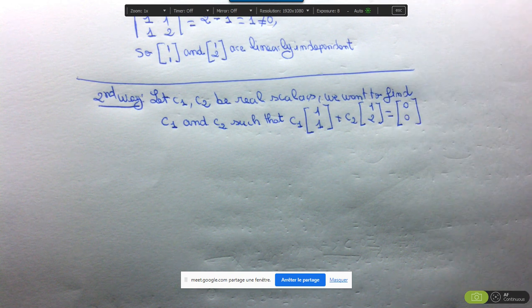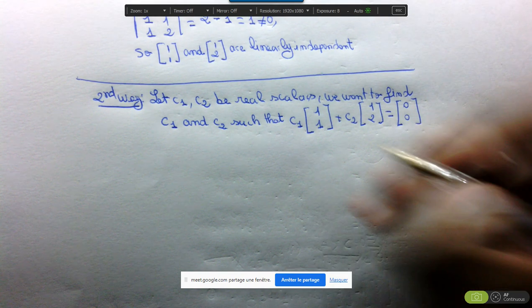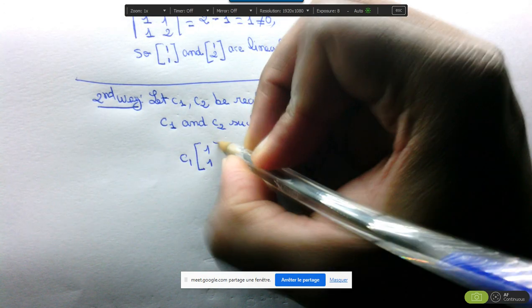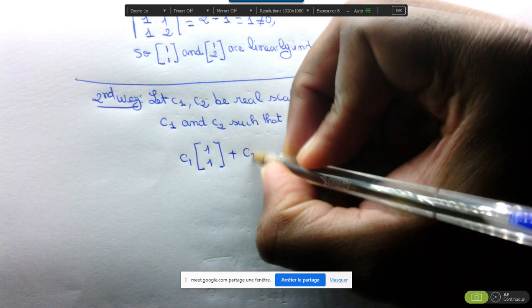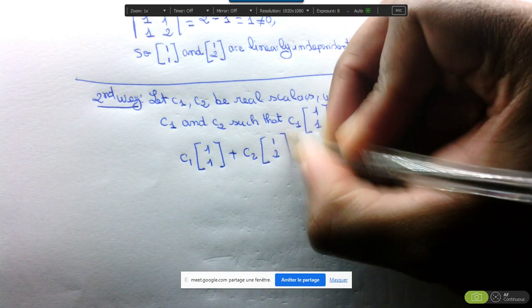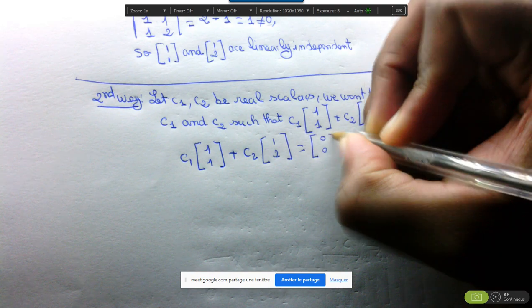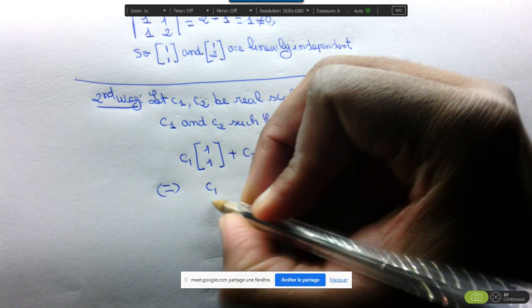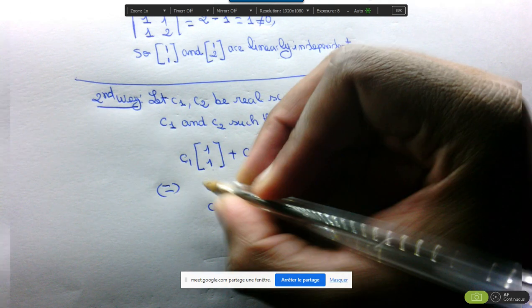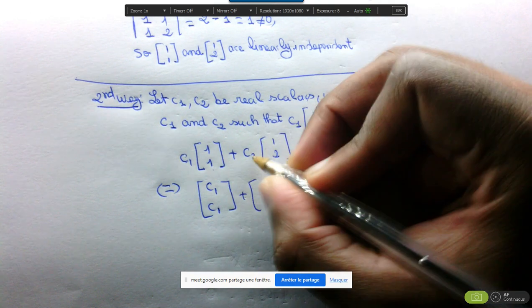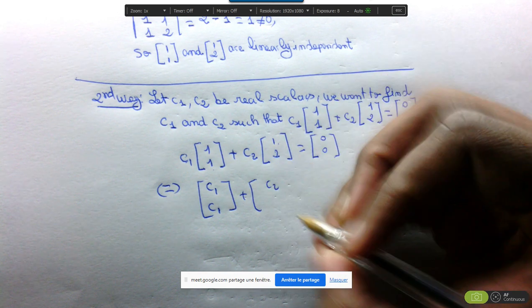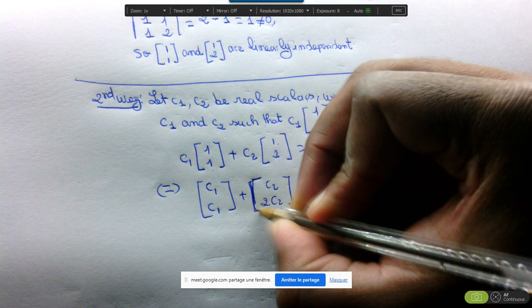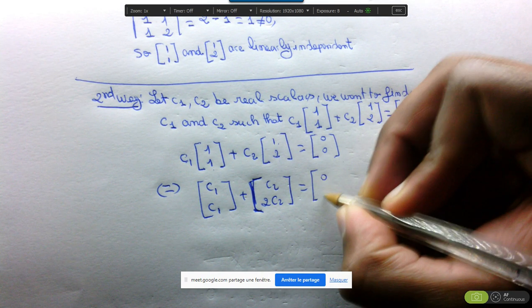That's our goal. So I'm going to calculate. This implies that C1 [1, 1] plus C2 [1, 2] equals the 0 vector. It's equivalent to saying that C1 plus C2, and C1 plus 2 times C2, is equal to 0, 0.